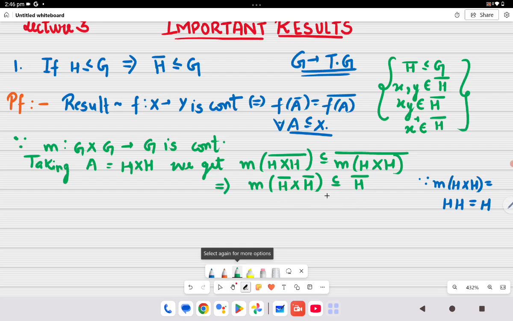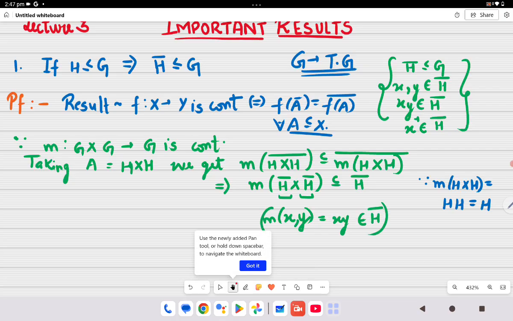So इससे हमें क्या पता चलता है that if I pick any two elements, say X in H closure and Y in H closure, then if I apply M to it, that means M of X comma Y, which is XY, it will be again a member of H closure. यहाँ से मेरे पास ये follow up होता है.